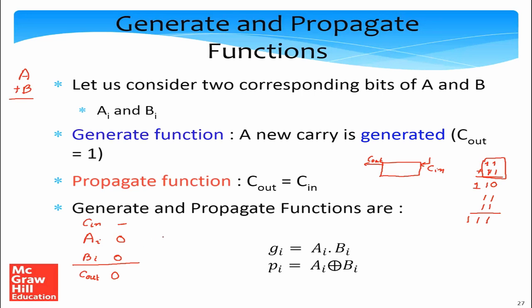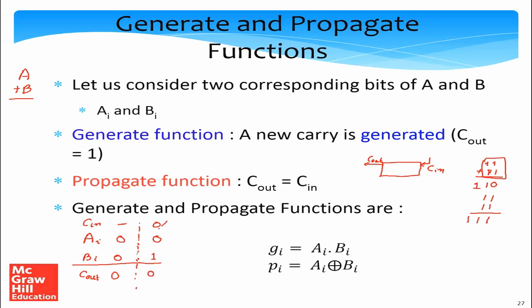Now assume that AI is 0 and BI is 1, right? Let me maybe draw a quick line here to demarcate. If the input carry is 0, then the output carry is 0.